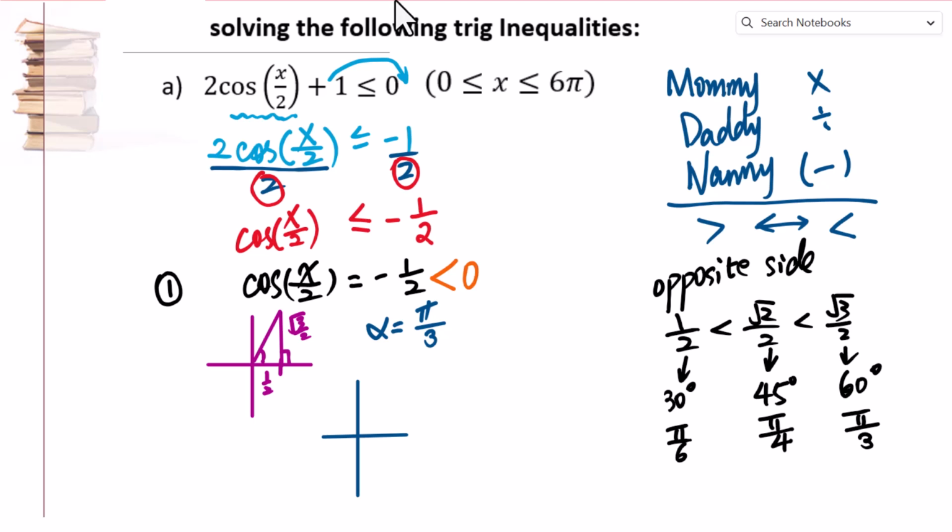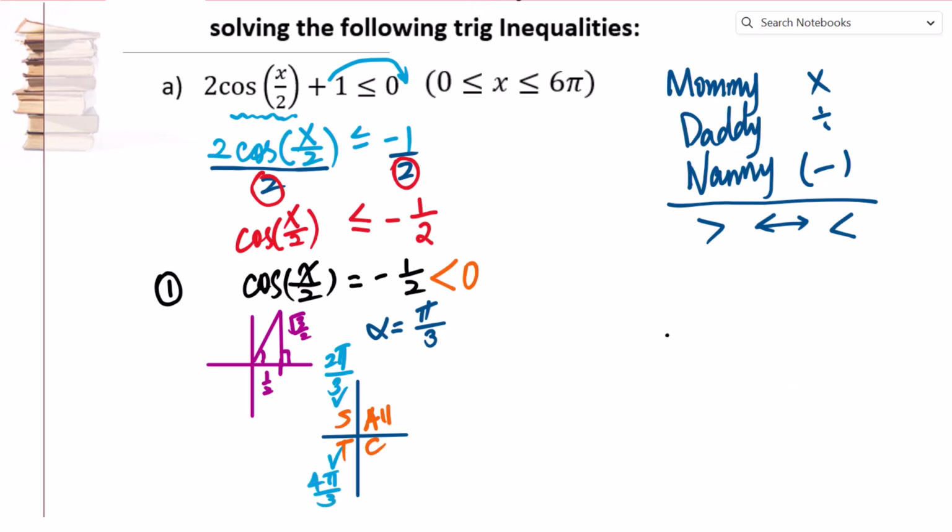Since it is -1/2, which is less than 0, all students take calculus: go to the second and the third quadrant. Second quadrant is 2 pi over 3. Third quadrant is 4 pi over 3.